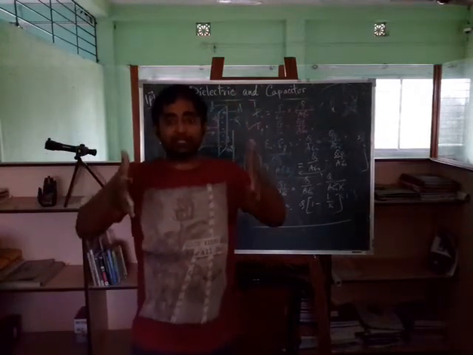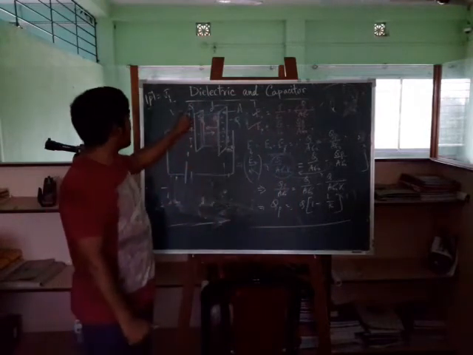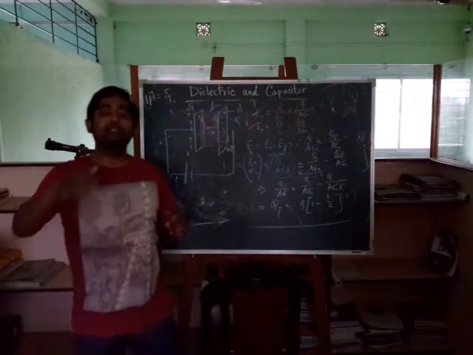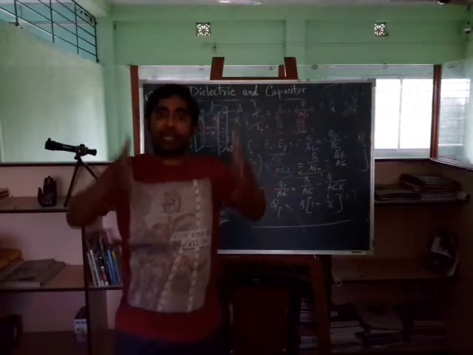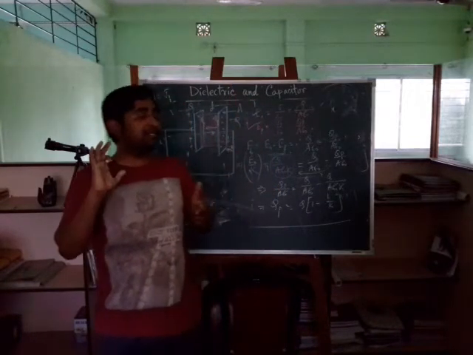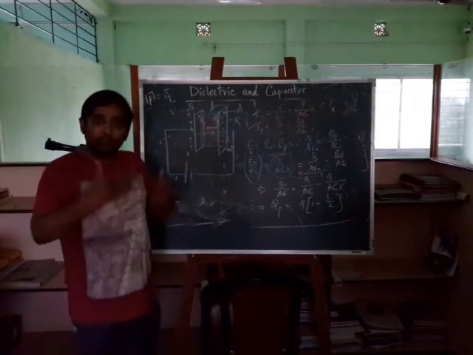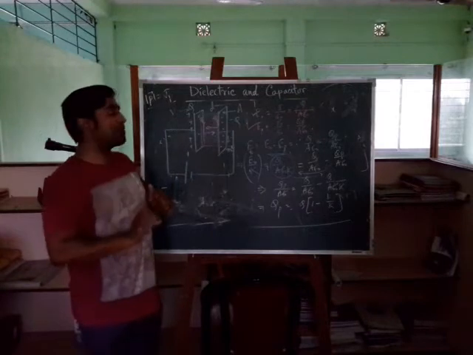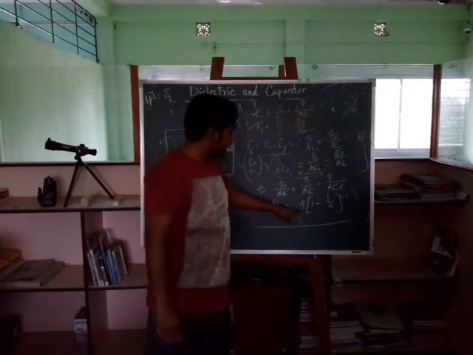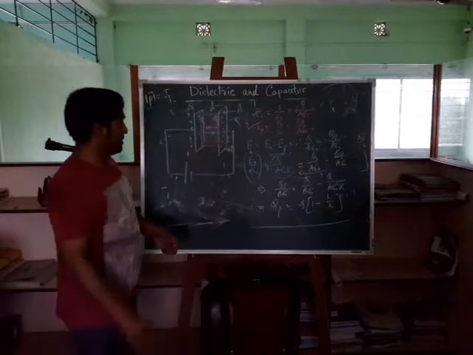We have parallel plates connected to a battery, so the plates are getting charged plus Q and minus Q. But since we are inserting another dielectric slab between these two plates, there is polarization of that dielectric material, and there is minus QP and plus QP due to polarization, and the magnitude of that charge is given by Q times 1 minus 1 upon K. Alright.